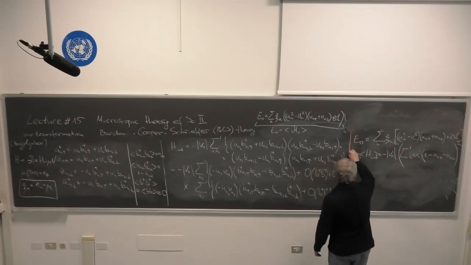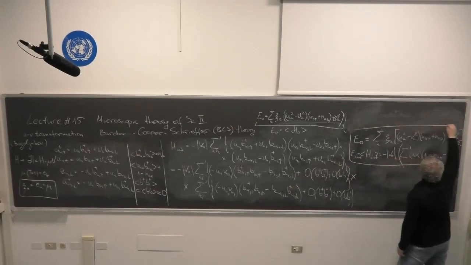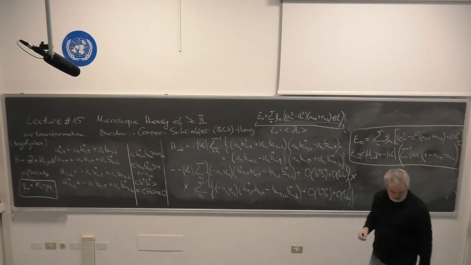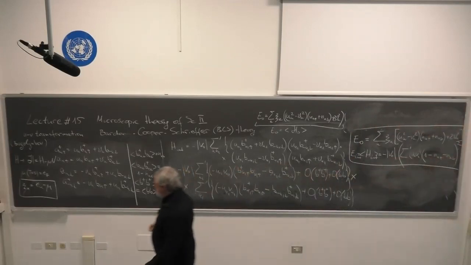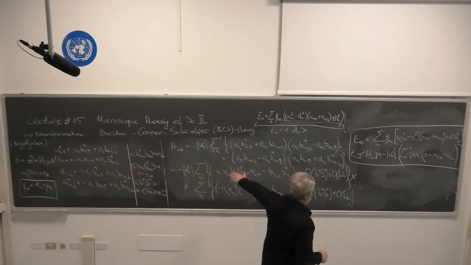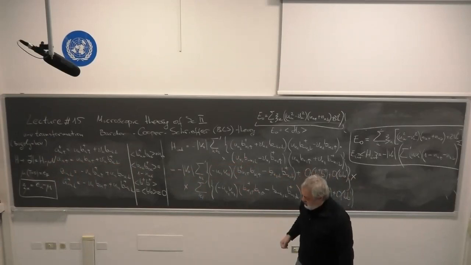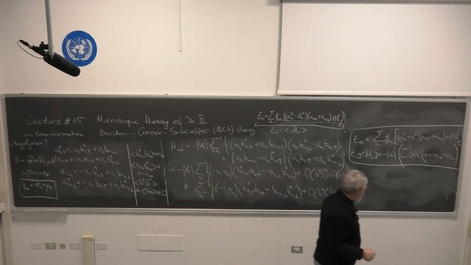This is very important for me, and now I can erase everything else. I don't need these parts of the Hamiltonian, and I don't need the connection between old and new variables.